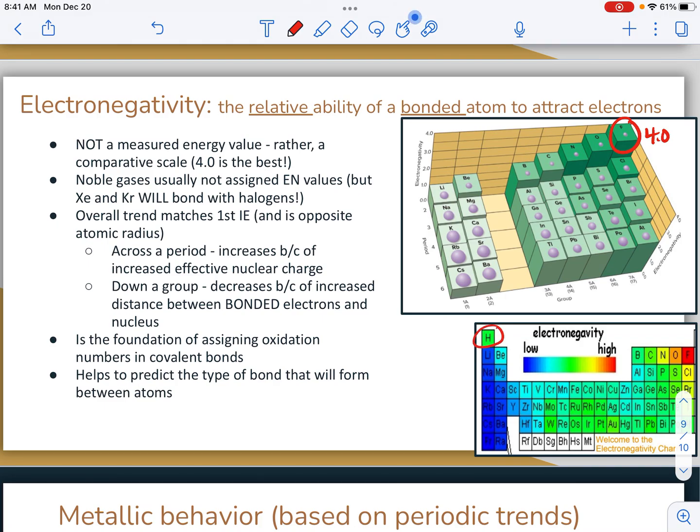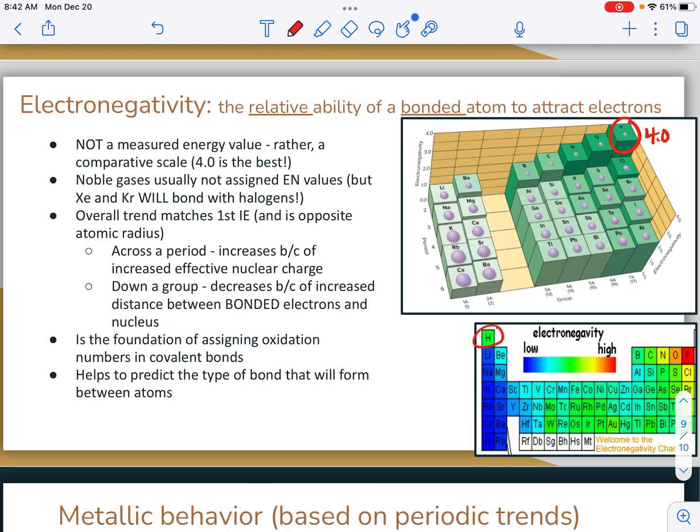Hydrogen is not shown in this graph, but you notice down here that hydrogen is actually a relatively high electronegativity. This is because it's a nonmetal. So the pattern being the nonmetals have higher electronegativities, are more likely to attract the electrons toward them in bonding, and the metals have lower electronegativities, so they're less likely to attract the electrons. And most noble gases are not assigned electronegativities, but xenon and krypton actually will bond, especially with the halogens, and so some charts include them in electronegativity values.